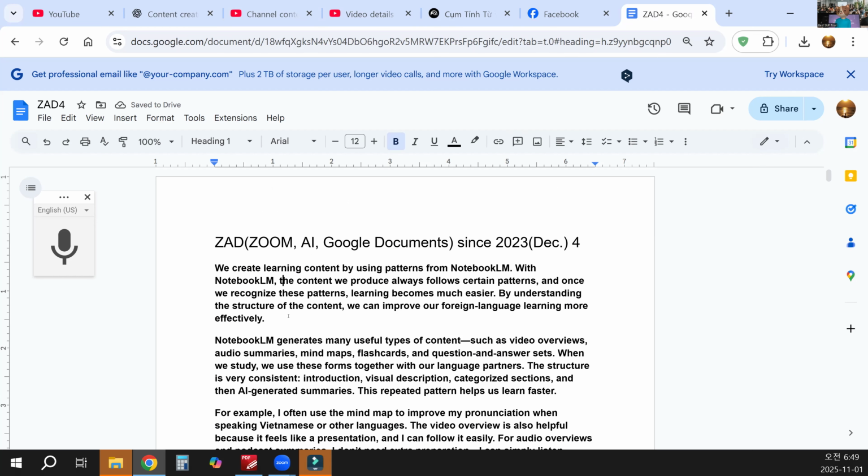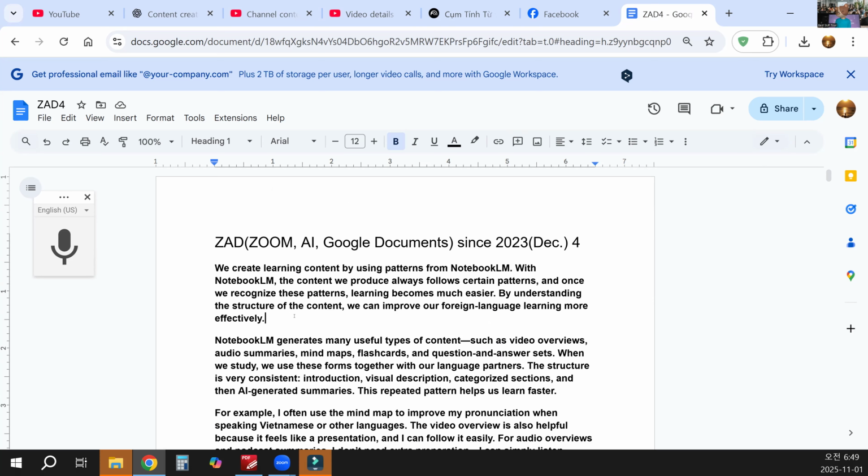We create learning content by using patterns from NotebookLM. With NotebookLM, the content we produce always follows certain patterns, and once we recognize these patterns, learning becomes much easier. By understanding the structure of the content, we can improve our foreign language learning more effectively.